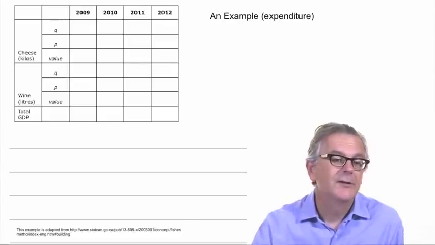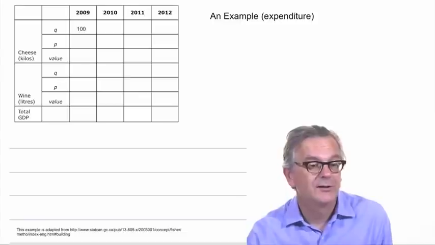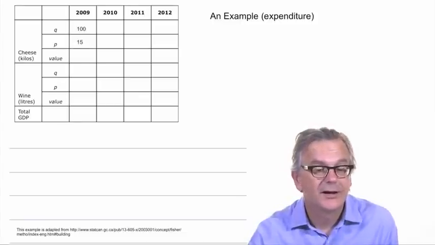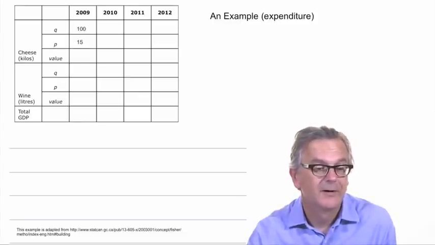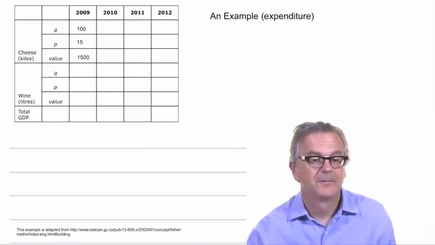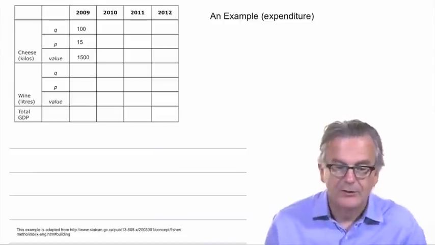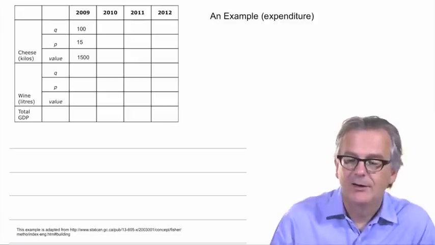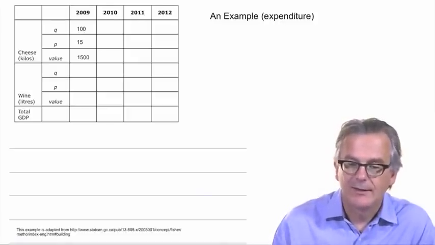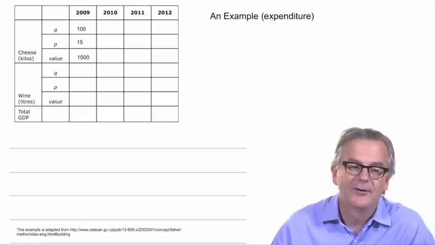So let me just fill in this table a little bit. We'll suppose there are 100 kilos of cheese produced in 2009. The price is 15. The value is simply price times quantity. Now, I'm going to introduce a little bit of terminology here. When I make a calculation like that, I'm talking about what is known as the current value.